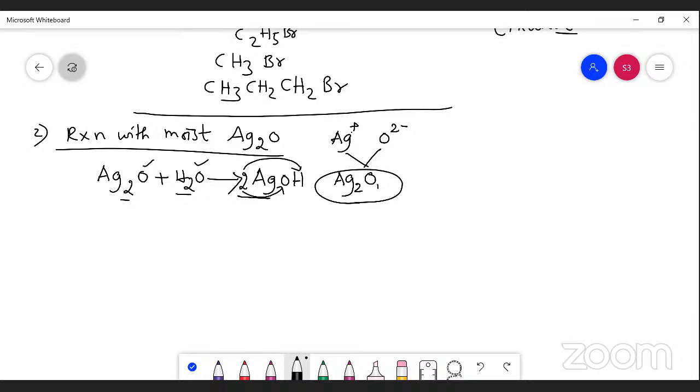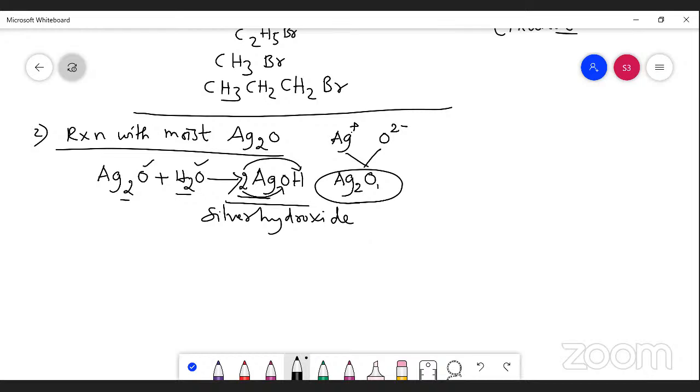First we should write how silver oxide reacts with water, and our product is silver hydroxide.